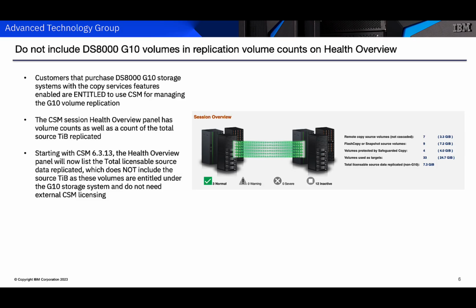That's telling you all of your R9, R8, or flash systems, anything that's not a G10 volume, will be added to that count of terabytes, and that's what you would need external CSM licensing on. All G10, you don't need to. So if you have an entire G10 environment, great, we love it, but you don't even need extra CSM licensing. It's all built in. Hoping that makes it a lot easier for customers, but this also helps you audit it a little bit better too.